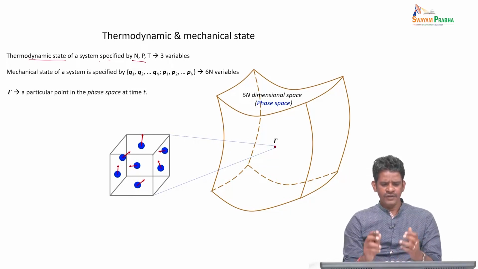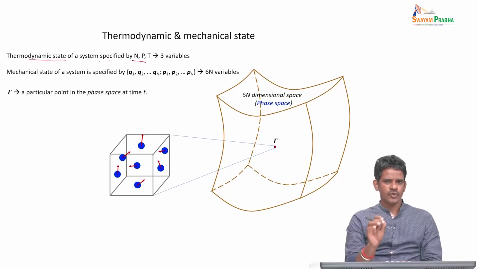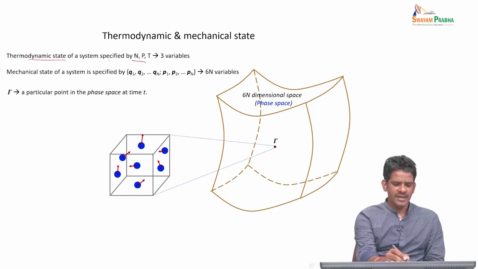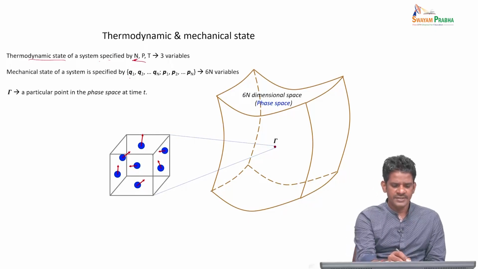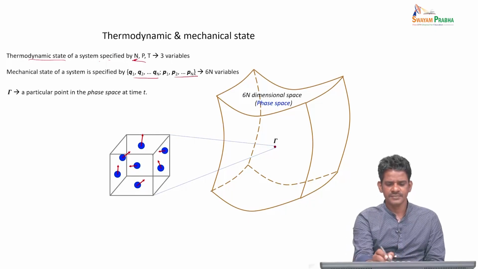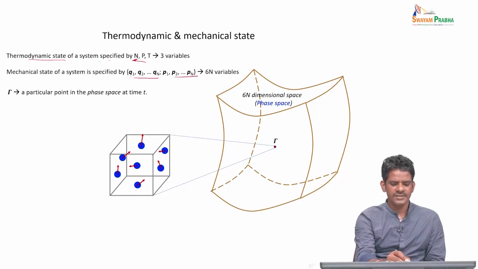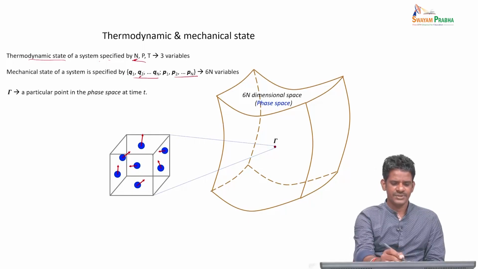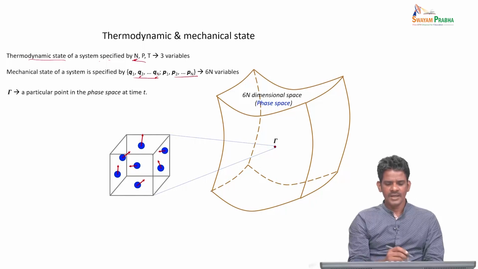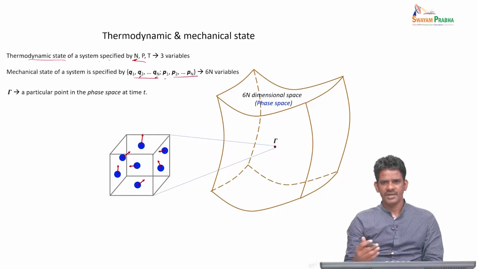Now we know that the system is made up of atoms and molecules, like I said before. If you want to look microscopically at the system, you see that all these N particles would have coordinates and their momenta. So q1 here is the position of the first particle, q2 is the position of the second particle, and so on, up to qN, and similarly p1, p2 are the momenta of the first particle, second particle, and so on.